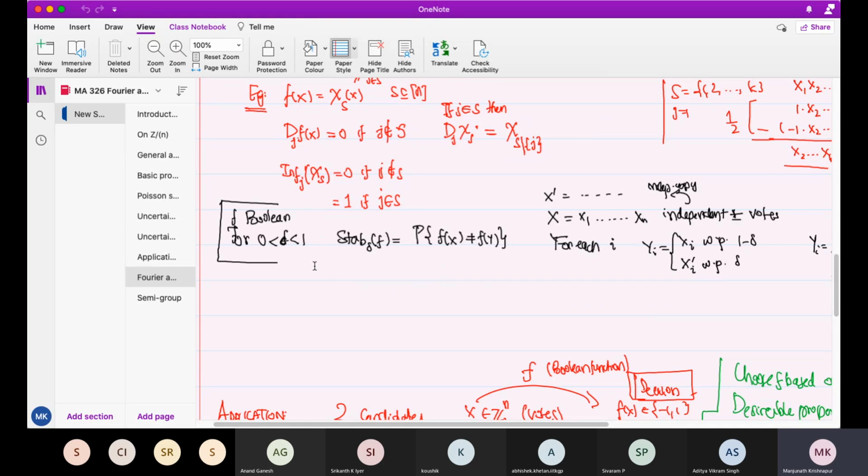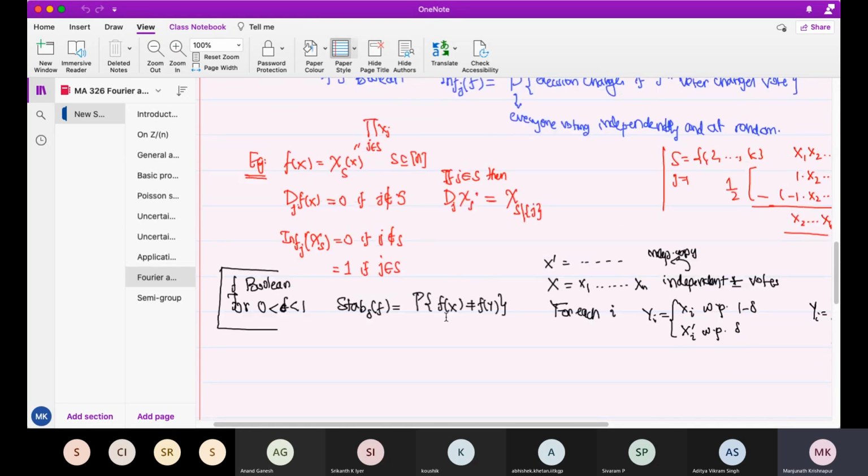So if f is a Boolean function, consider the probability that, starting with x_i's which are independent plus or minus 1 votes, and suppose each of the voters changes his or her mind with probability delta. So with probability 1 minus delta, they stick to their votes. You have an election with votes x_1 through x_n, and then another election next week.